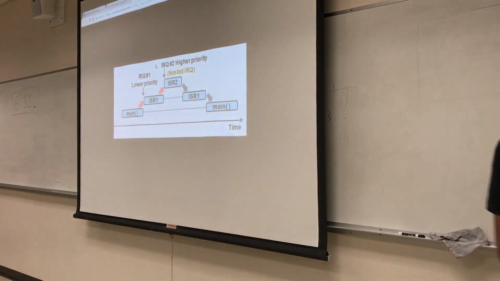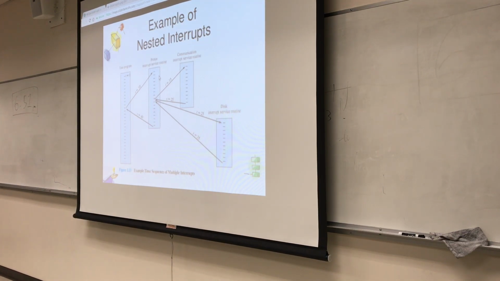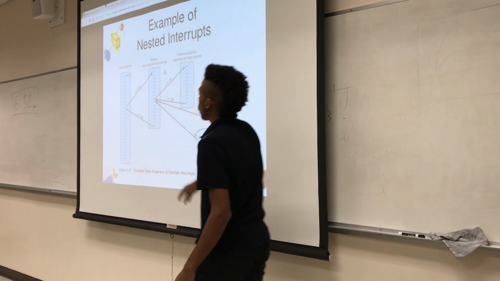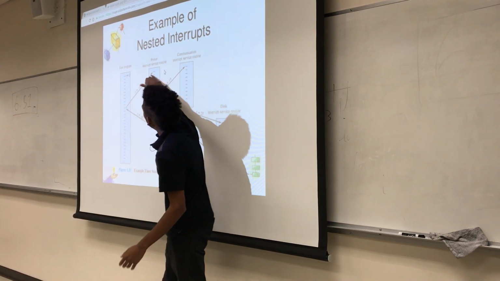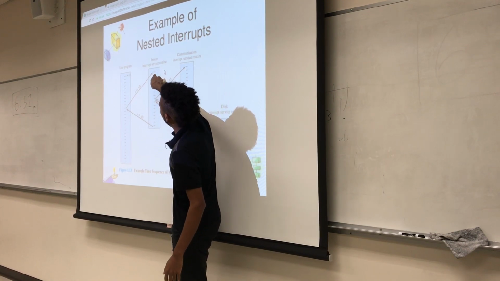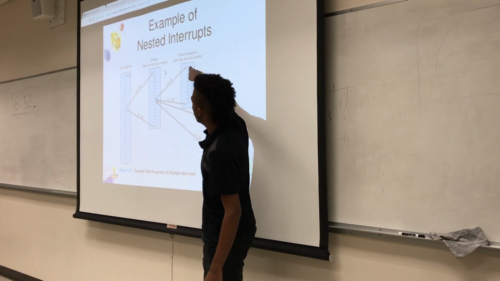Now let's look at another one that I have here. It's basically the same thing. We have here some nested interrupts. This one's a little bit interesting because you have your user program running. Time equals 10, you run into your printer service routine and run through this. Then you have a higher priority service routine that comes in, runs that one.